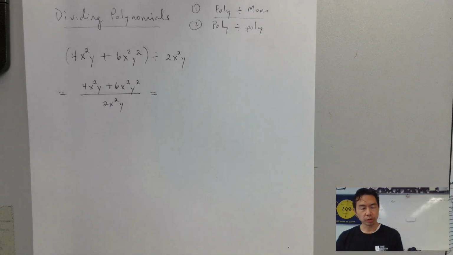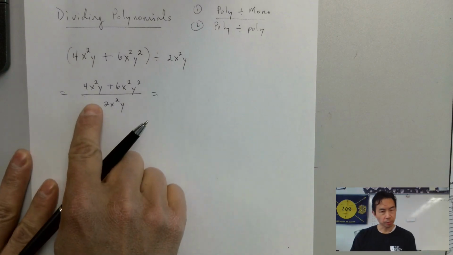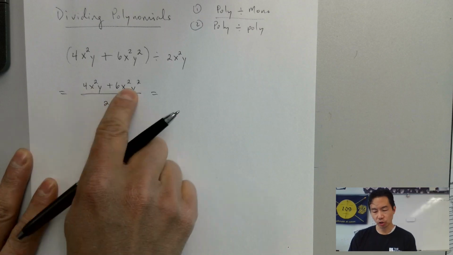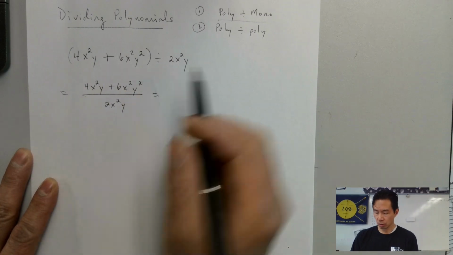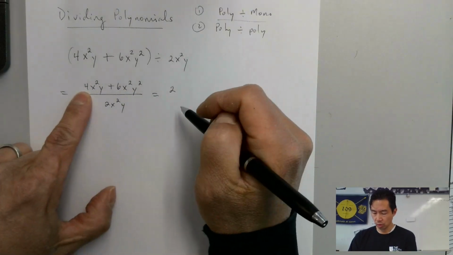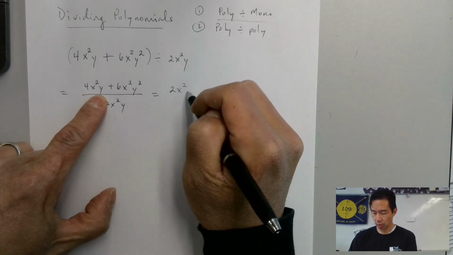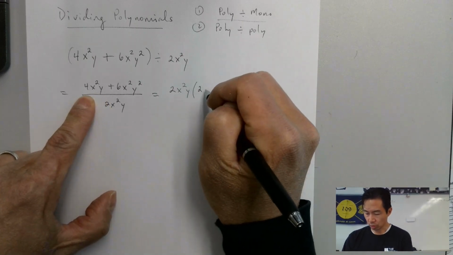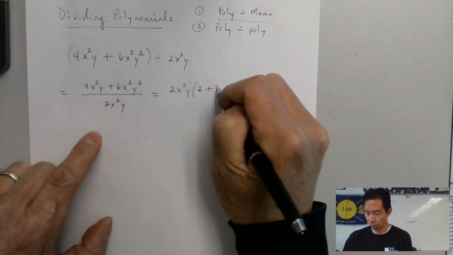So I'm going to show you the step-by-step way first, and then after that you can choose to do some of it in your head. The first step to taking a polynomial and dividing by a monomial is find the GCF of the polynomial. So the GCF here is 2x squared y, and the leftover is 2 plus 3y.